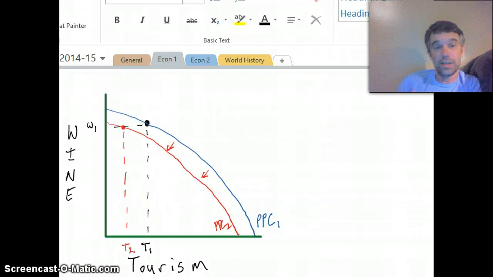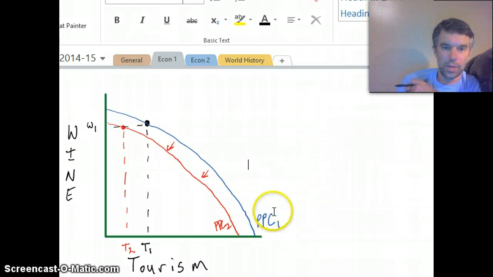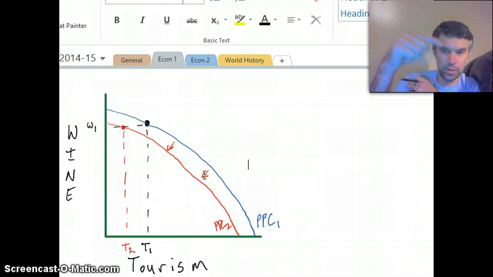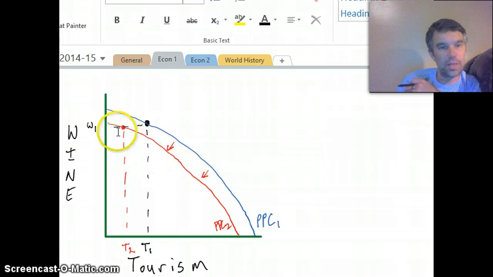Okay, so mine is going to look like this, and let me point out a couple of what we call good elements of a graph that you should be aware of. I've labeled both of my curves. I've shown which way the movement occurred by showing arrows pointing down. And then I've put in a new intersection along the old place.